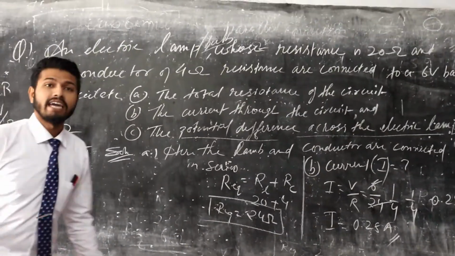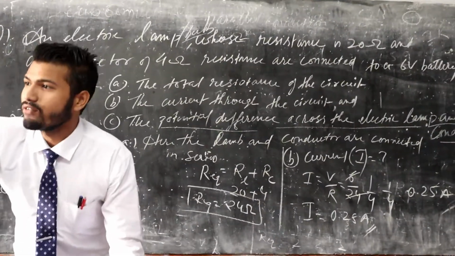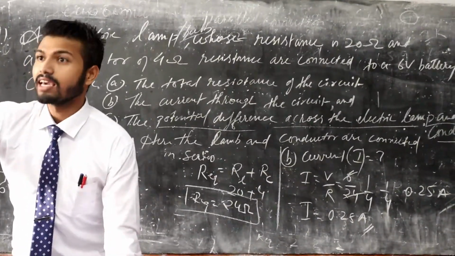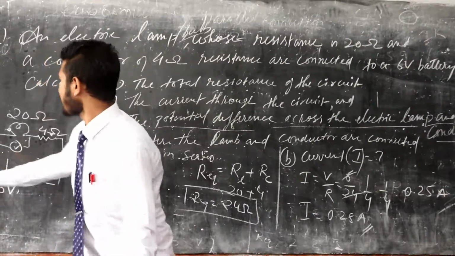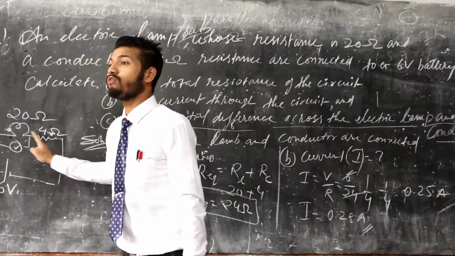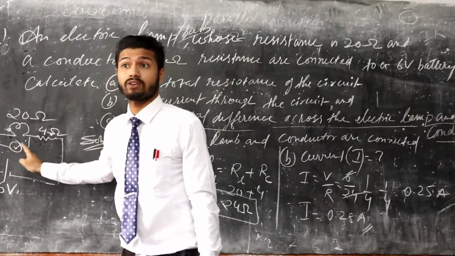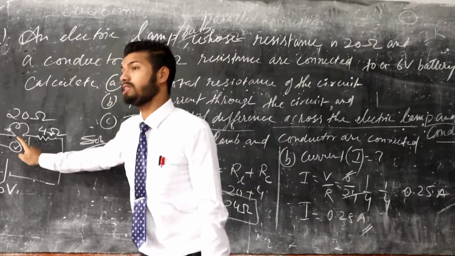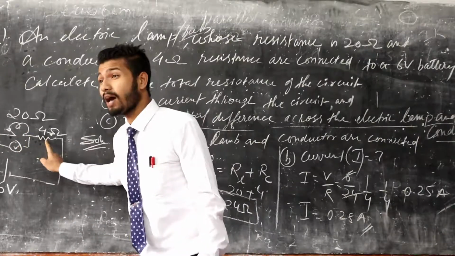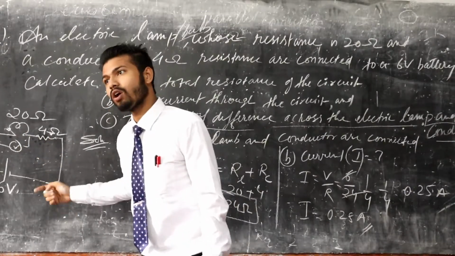As we know, in a series connection the potential difference changes. You will not find the same potential difference here and here. You will find a different potential difference across the bulb and across the conductor. So let us go on and find it.